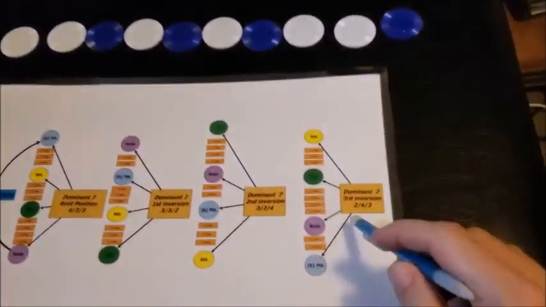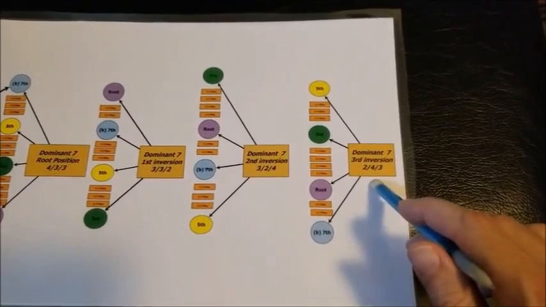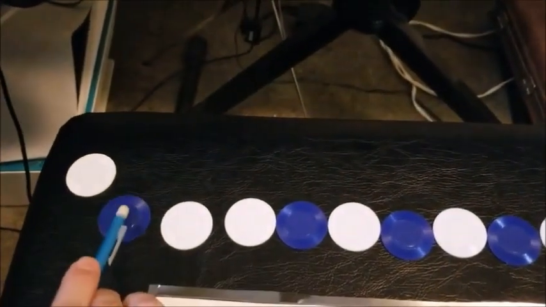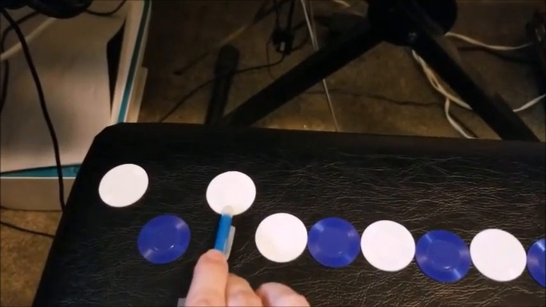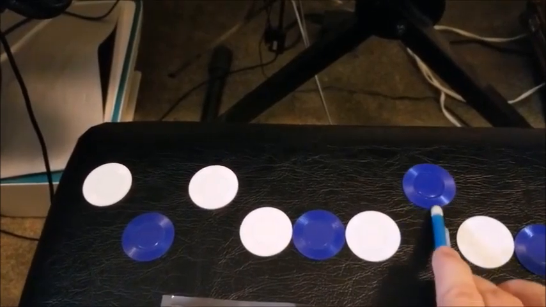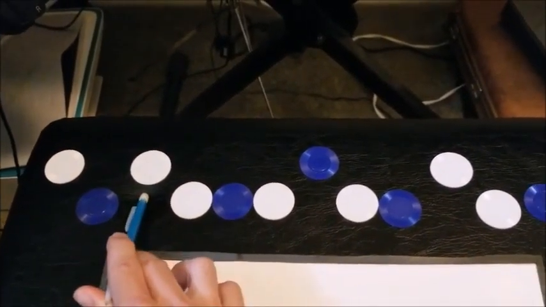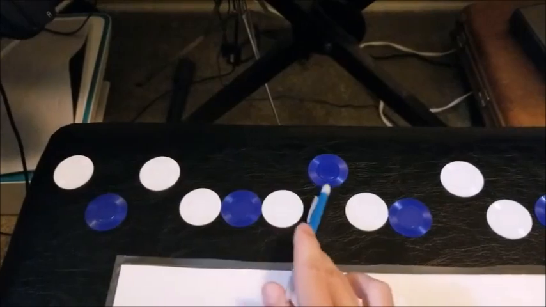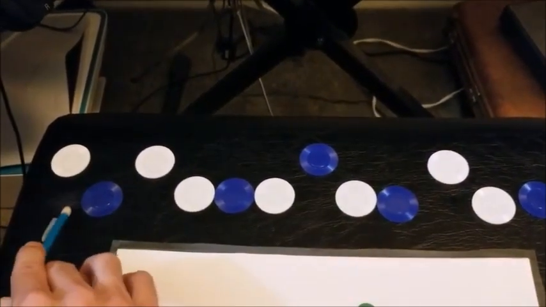Let's look at dominant 7 third inversion, 2, 4, 3, starting on D. So this will be our 7th. 1, 2, here's a root, and it's 4, 1, 2, 3, 4, 1, 2, 3, 2, 4, 3, third inversion, with the root being E. So D, E, G sharp, B. That spells an E7 with a D on the bottom.